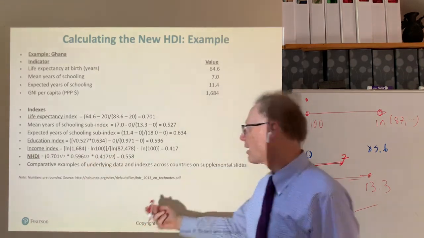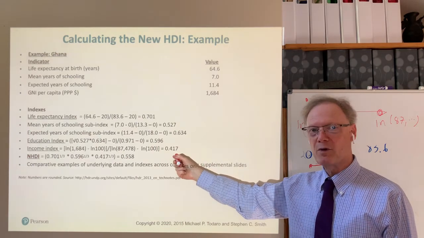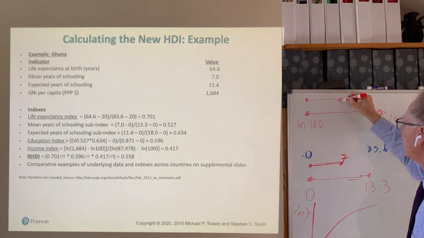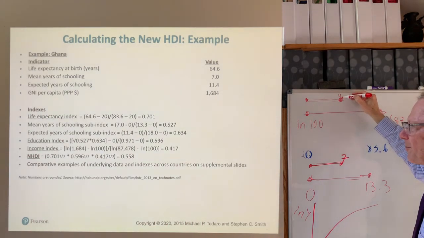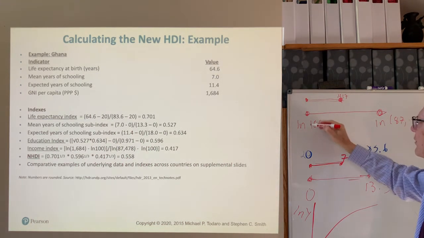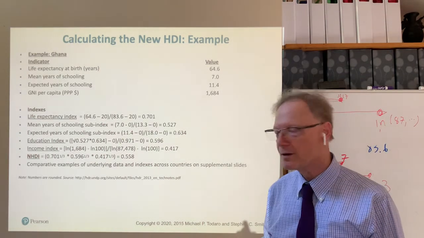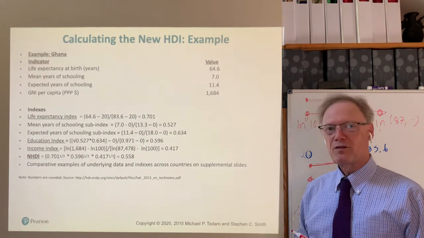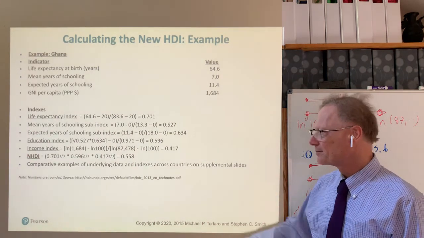But we're taking the logs. So the net result is that they come out already 41.7% of the way to the top. And so we have Ghana here with their 0.417 rate, this going from 0 to 1 corresponding to those logs. So that tells us something about the strength of the diminishing marginal utility incorporated here.